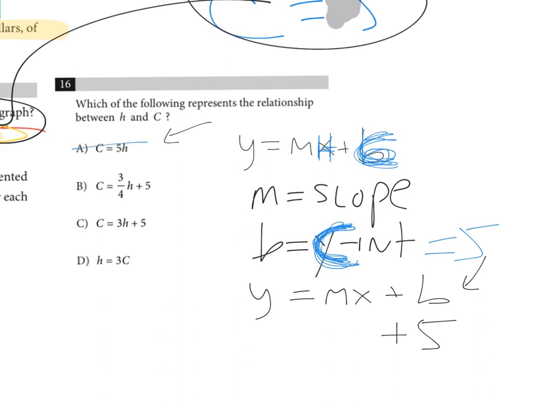And now I know that letter A can't be correct and letter D can't be correct because these are the only two equations that have the C-intercept as 5. I need to figure out what the slope is. What is the change as the line goes on?